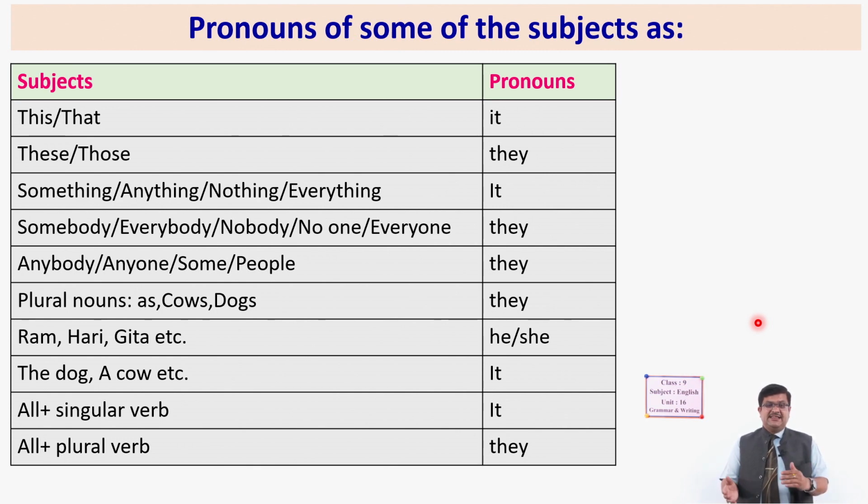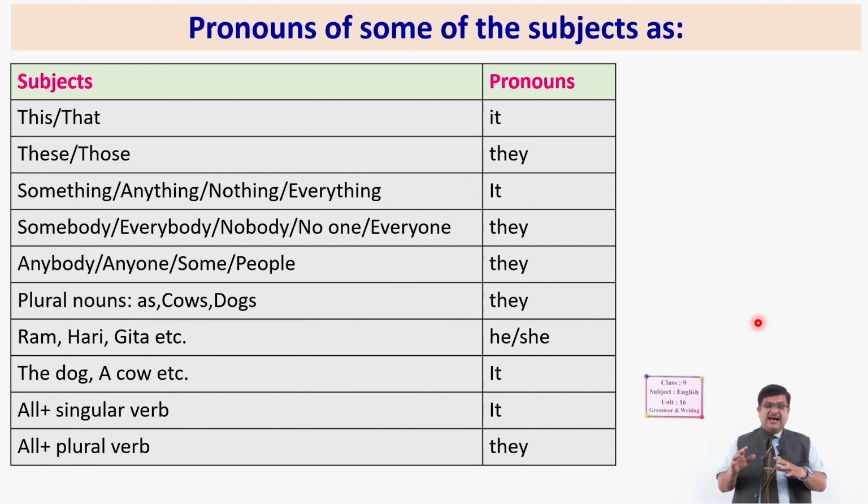Similarly, something, anything, nothing and everything change into "it" in the tag. Somebody, everybody, nobody, no one and everyone change into "they" as a pronoun in the tag. Anybody, anyone, some and people also change with "they" in the tag.